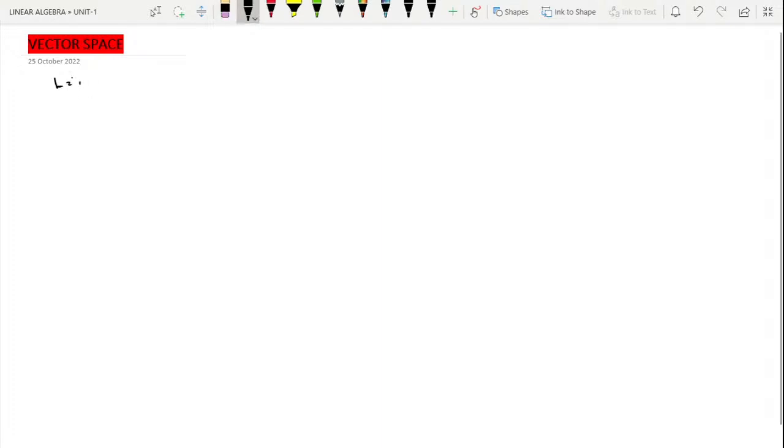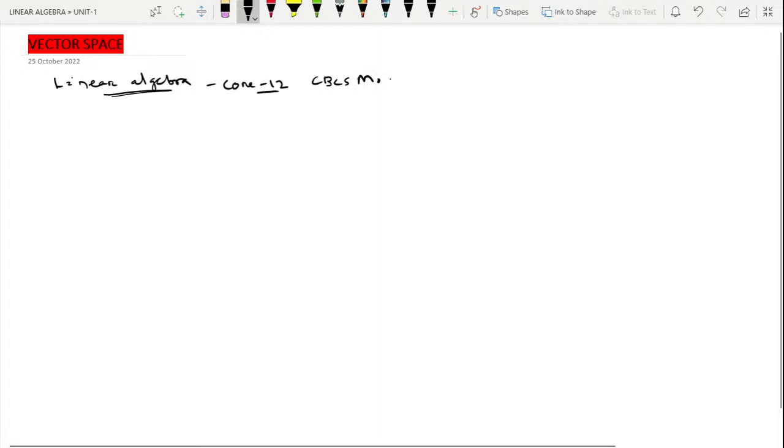So this is linear algebra, and this is Core 12 of your CBCS Model Syllabus, for year class 3 or BSc all over Odisha.